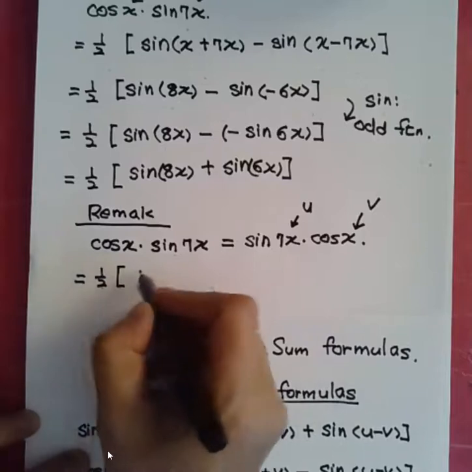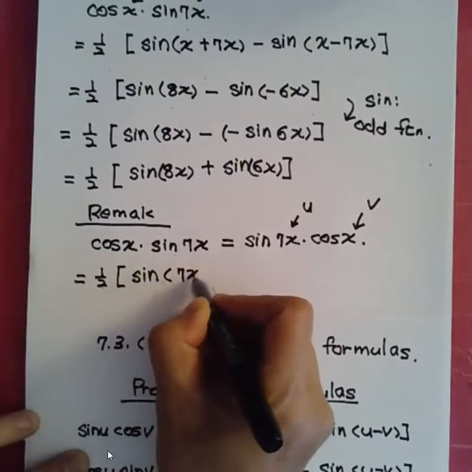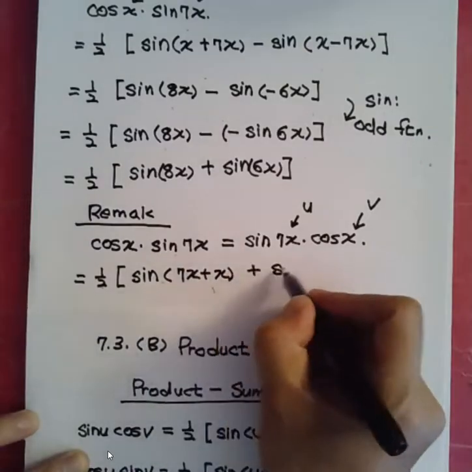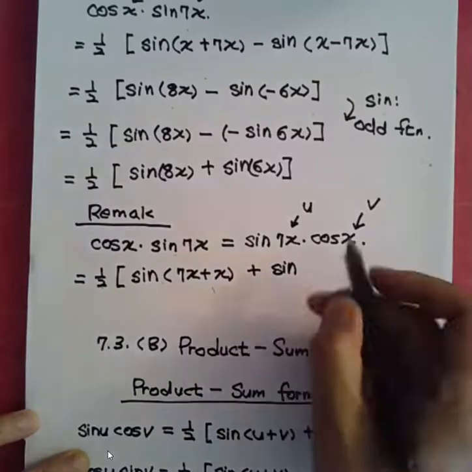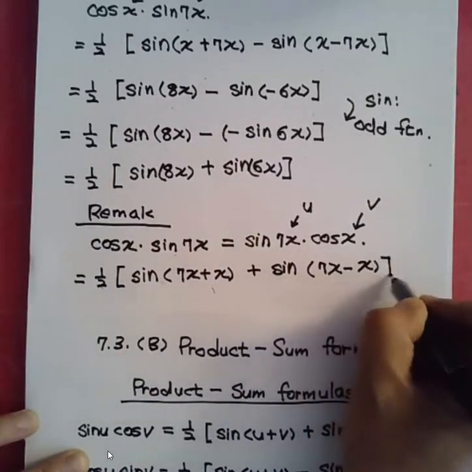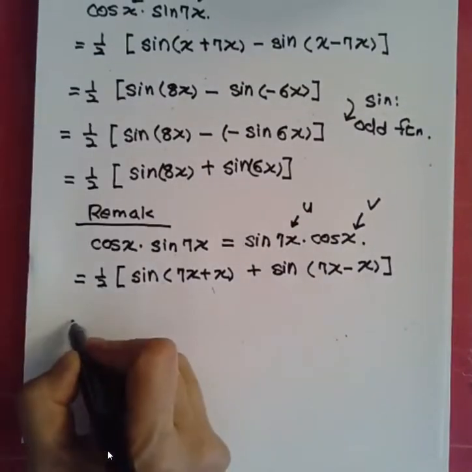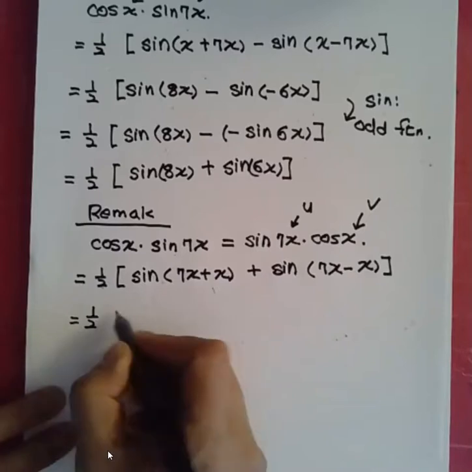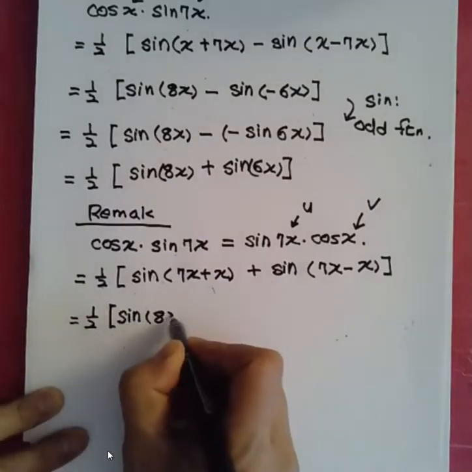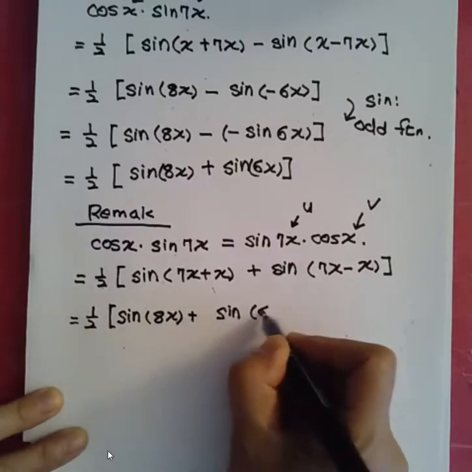Then 1/2 times sine of u plus v, so 7x plus x, plus sine of u minus v, 7x minus x. So that becomes 1/2 times sine of 8x plus sine of 6x.